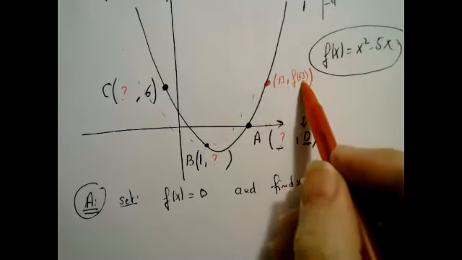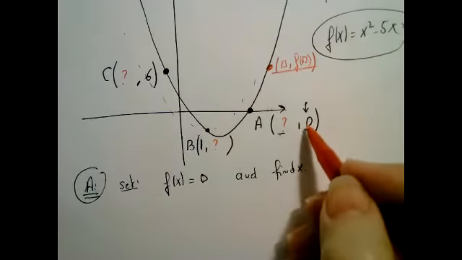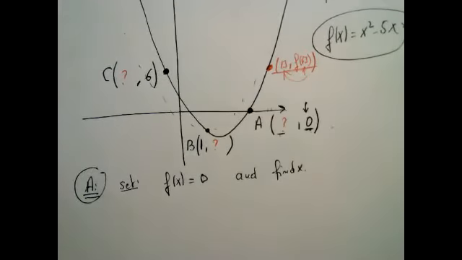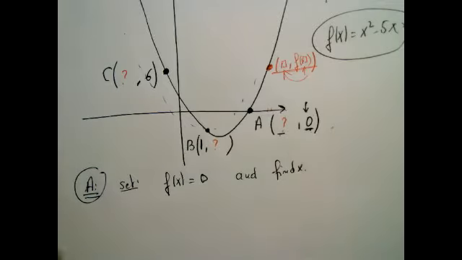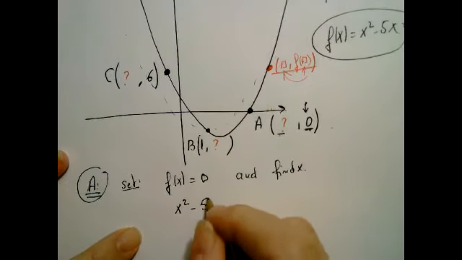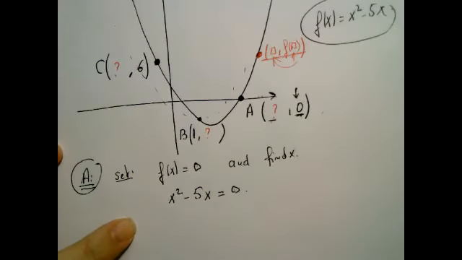If x is 6, this has to be f of 6. So that's the relationship between them. Now I'm telling you what the f is, and you have to give me the input. Okay, so we're going to solve for it. We set x squared minus 5x equal to 0.